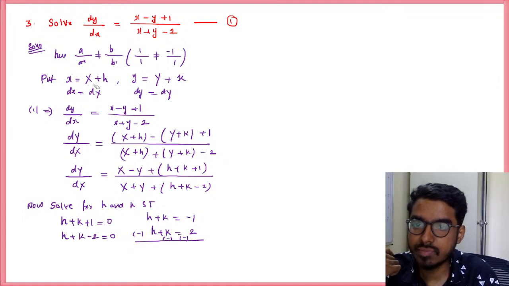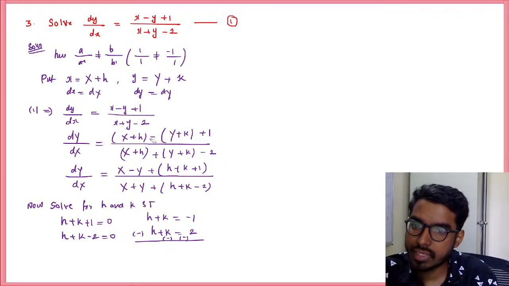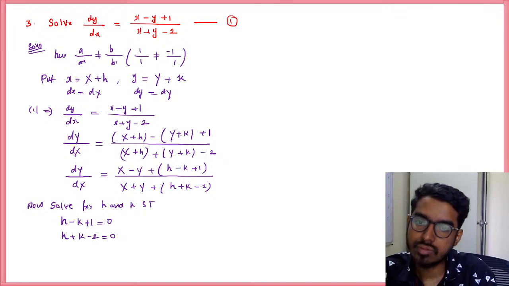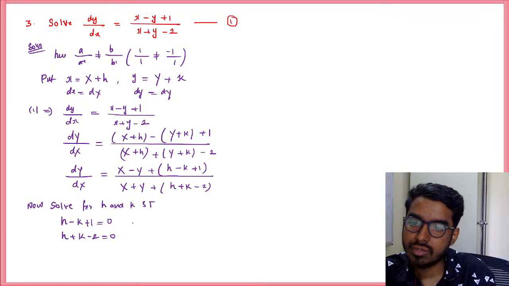Capital X is capital X plus h, small y is capital Y plus k. So this will be x minus y minus h minus k plus 1. Now solve for this.